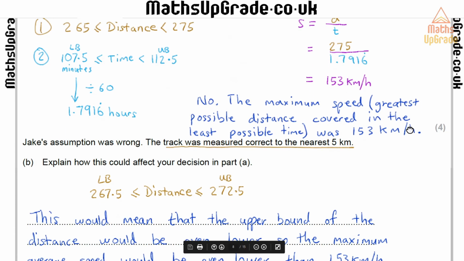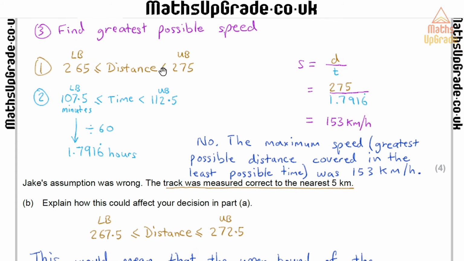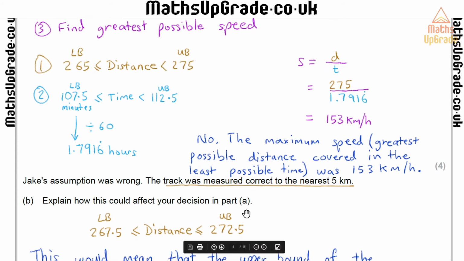Then it states in part B that Jake's assumption was wrong. The track was measured correct to the nearest 5 kilometers. Explain how it could affect your decision in part A. Well, if the track was measured to the nearest 5 kilometers, then the upper bound of the distance is now going to be 272.5 kilometers, not 275.